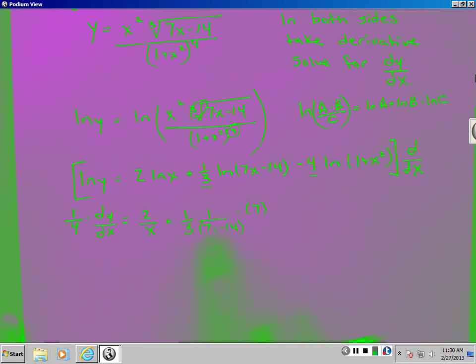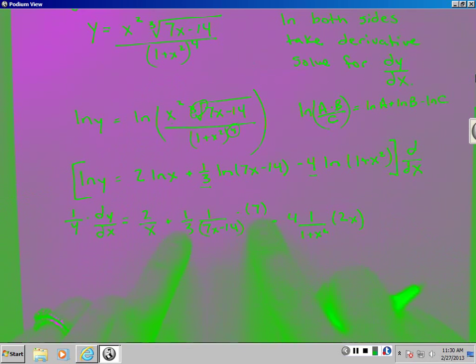I could also pull out a 7 and cancel the 7 on top, but I'm just going to leave it like this until I simplify it. Minus 4, 1 over 1 plus x squared times 2x. How many people think this is a lot easier differentiating term by term than differentiating this mess? Yeah.